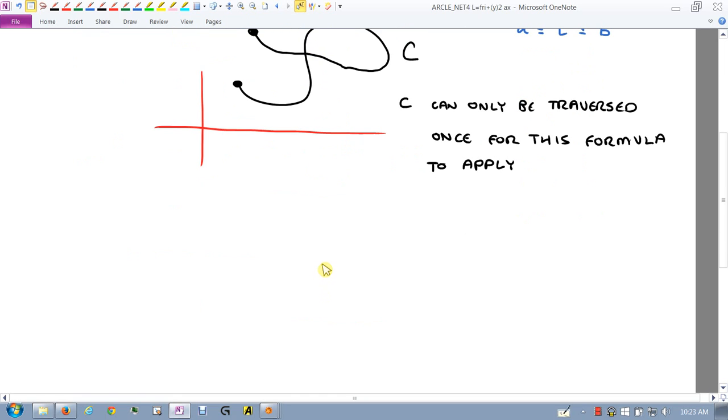So how bad do we want this to be? As an example, find the circumference of a circle of radius r.